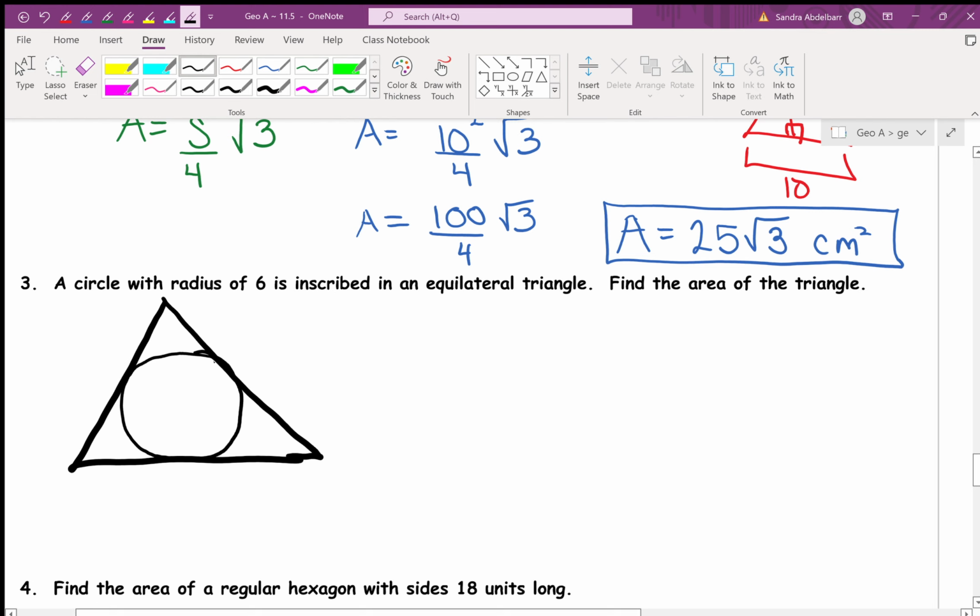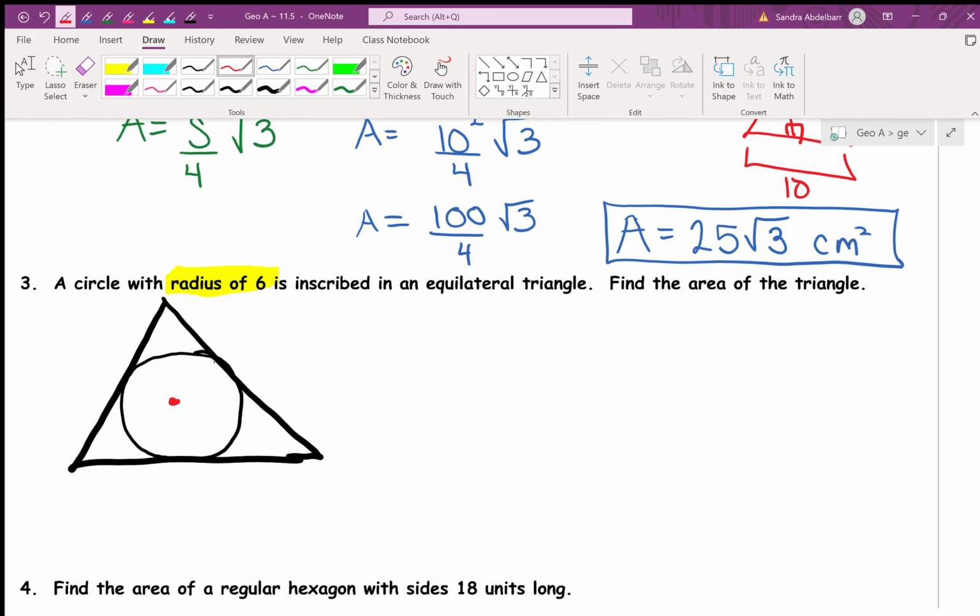And now they're saying the radius of this circle is 6. There are so many places I can draw in a radius. Does anybody know where it would be the best place to draw in the radius? So like I could draw it like this, right? Isn't that a radius? It is a radius, but is that helpful to me?